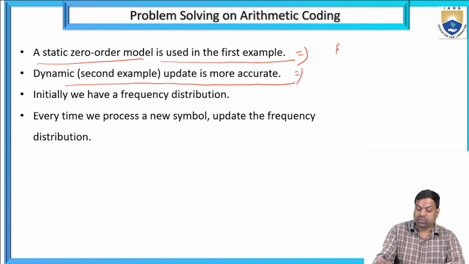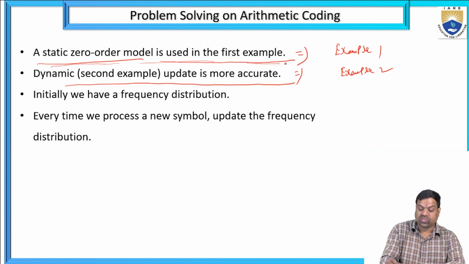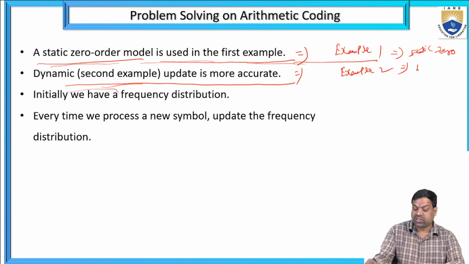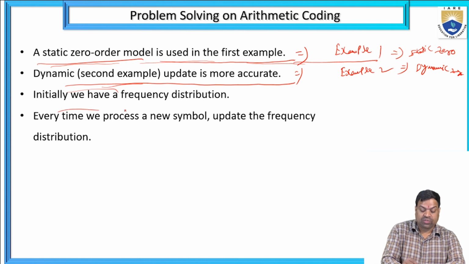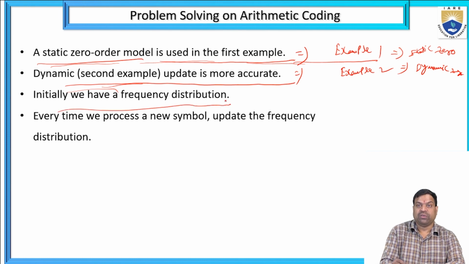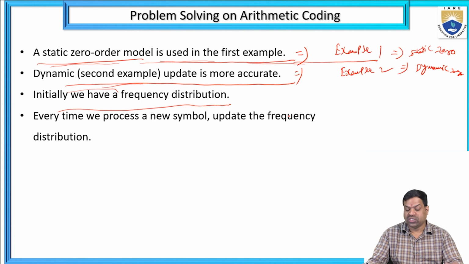So the first example is a static zero order model and the second example is a dynamic zero order model.